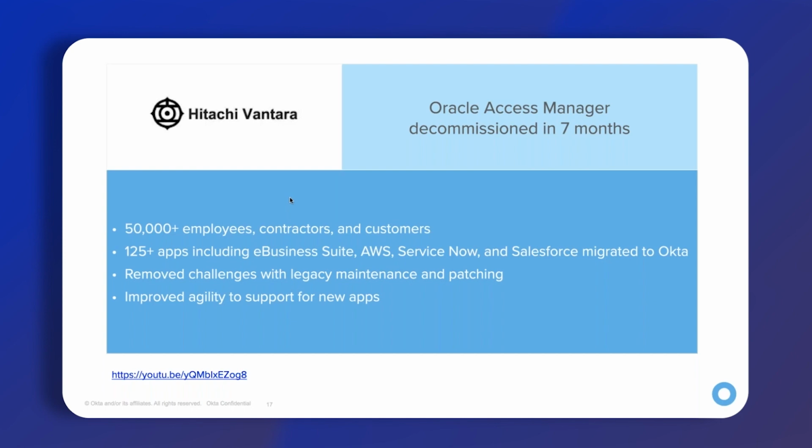We removed the traditional issue of legacy maintenance and patching, and we improved the agility and time to deploy support for new apps, because deploying with Okta takes literally hours and days rather than weeks and months. A new application can be configured, tested, and deployed within a day.